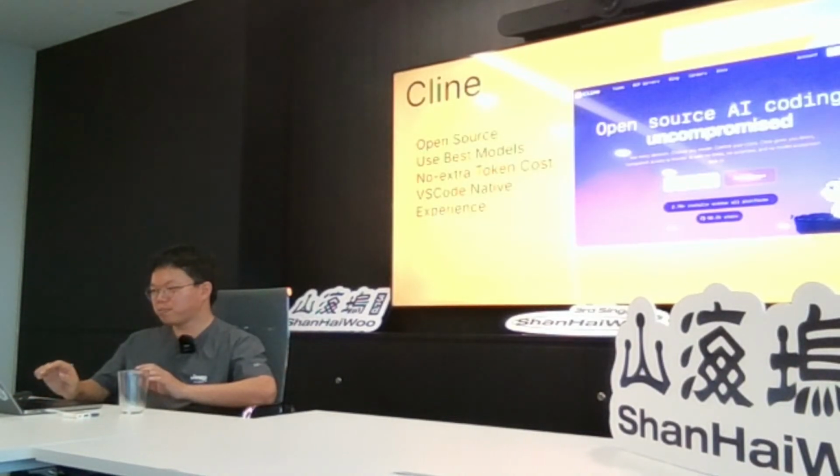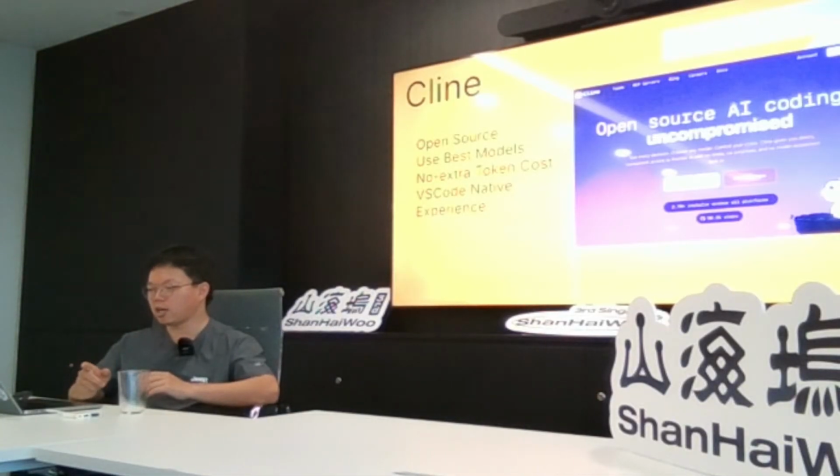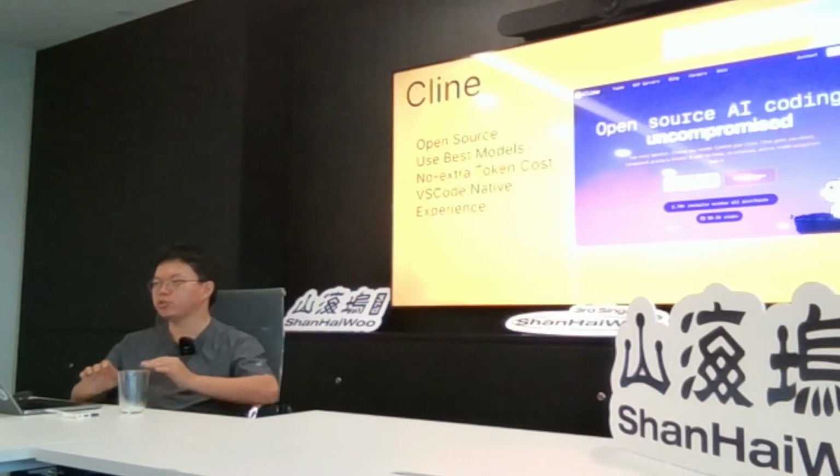But there are also some open source competitors of Cursor. One of them, and I think this is the best of them, is Cline. It's an open source VS Code plugin, so that you can use your own model or even your local LLM models like Ollama.